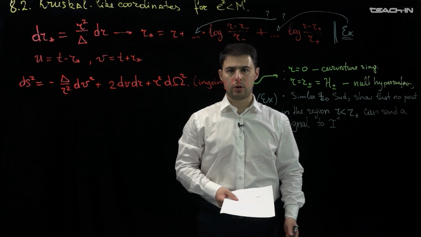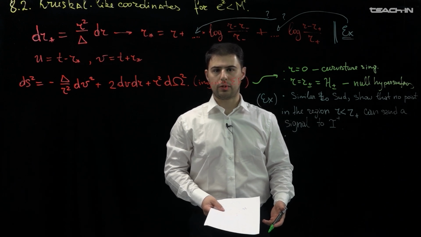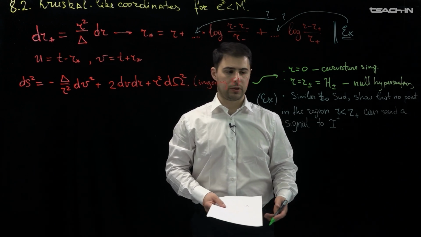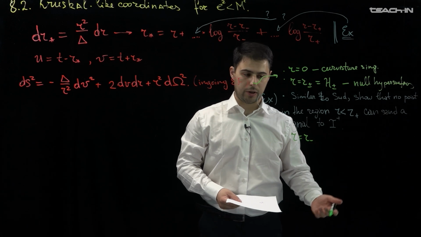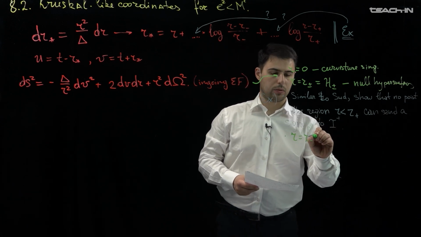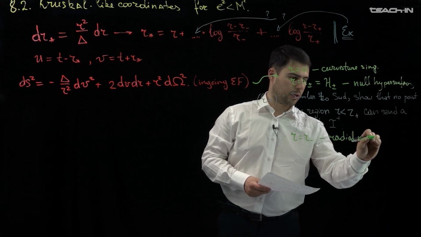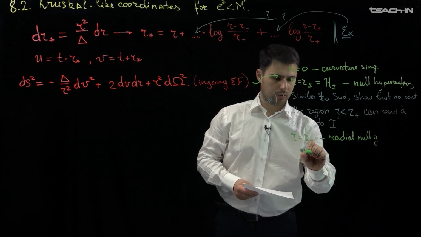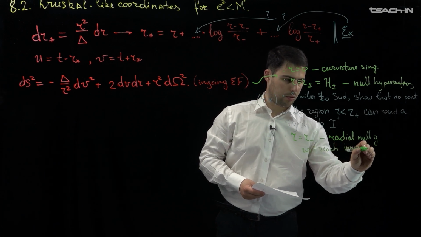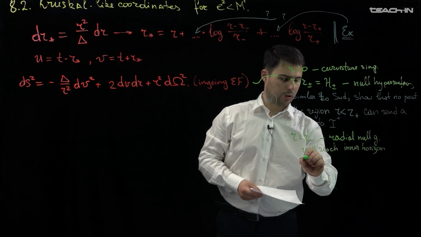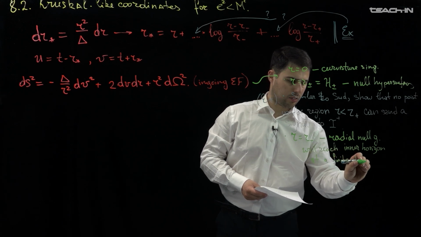Finally, as for Schwarzschild, where we knew that a radial null geodesic would reach the singularity at a finite parameter, here similarly a radial null geodesic will reach the inner horizon at a finite time.